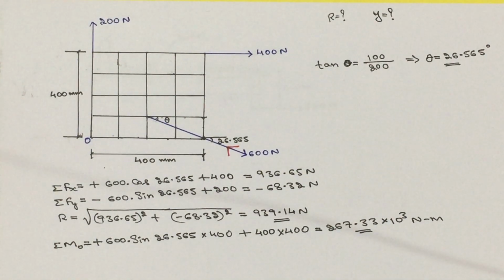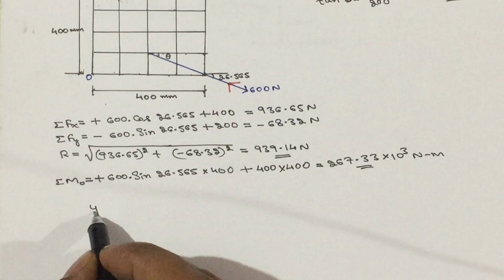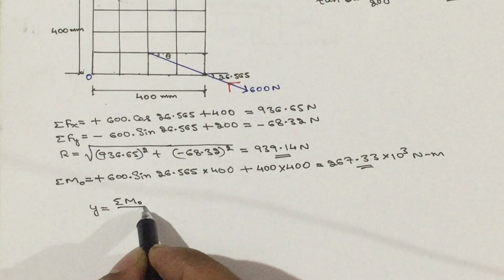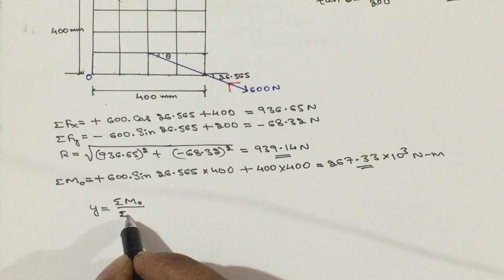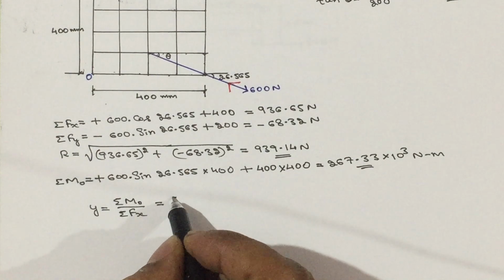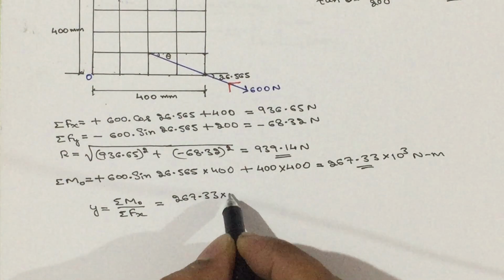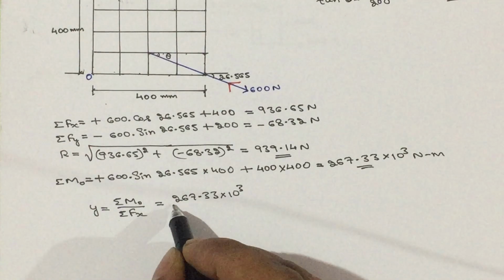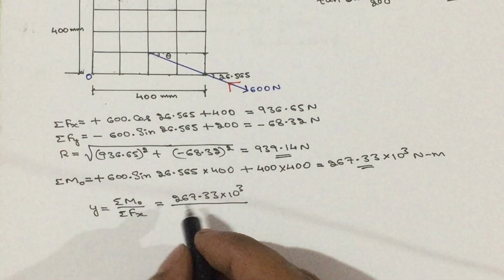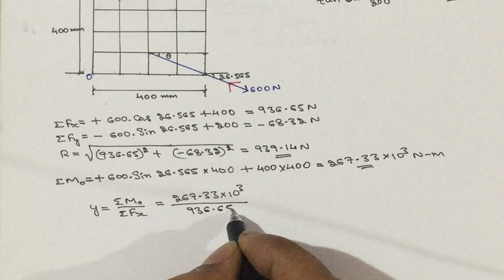We need the y-intercept now. Y-intercept is given by sigma m naught divided by sigma fx. So substitute the values: 267.33 into 10 power 3 divided by sigma fx, which we calculated as 936.65.